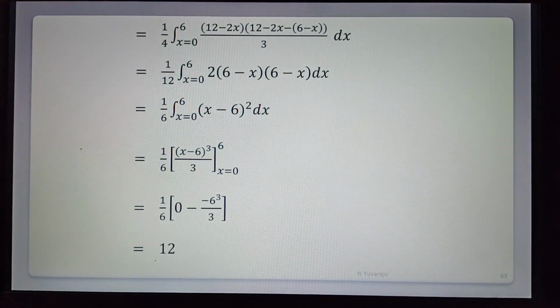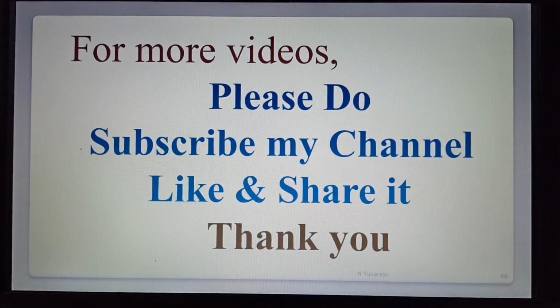After simplification it is 12. So the result is 12 for the given integration in the given region. So this topic is triple integration and some examples on triple integration.